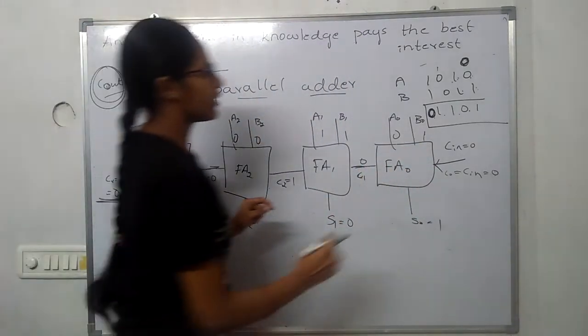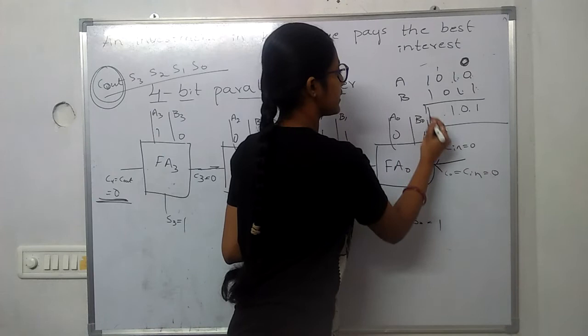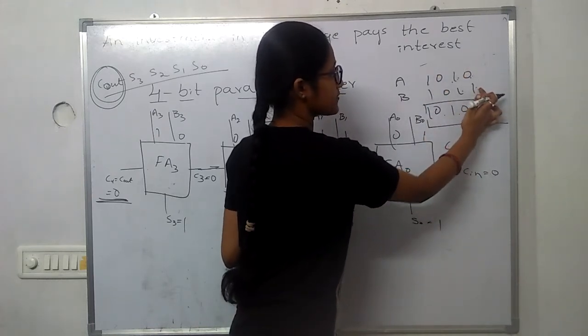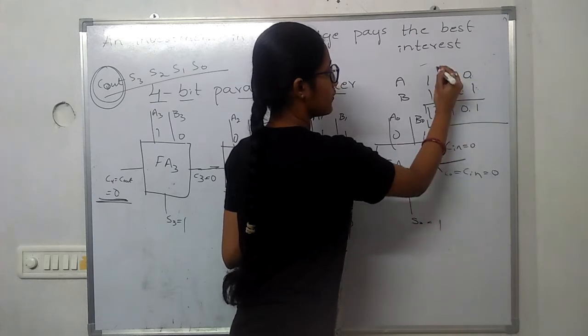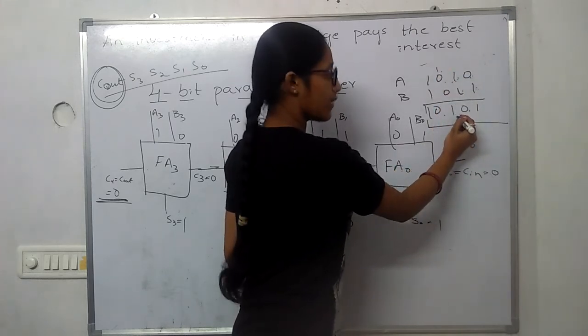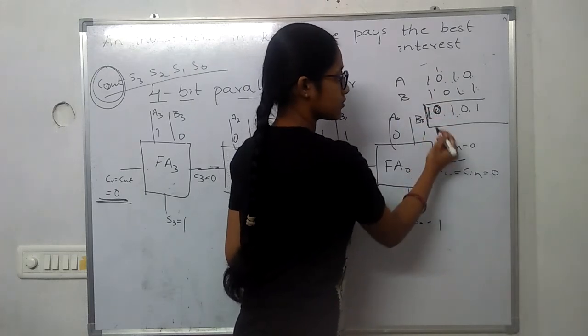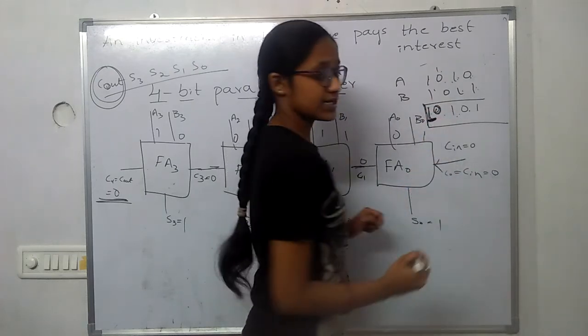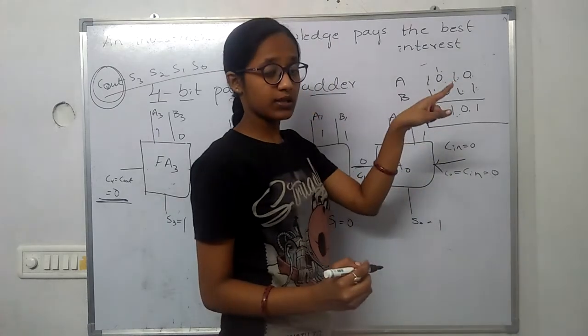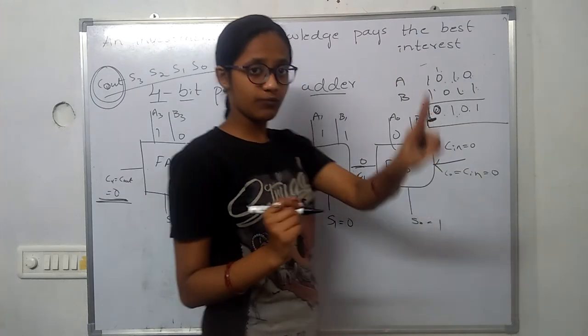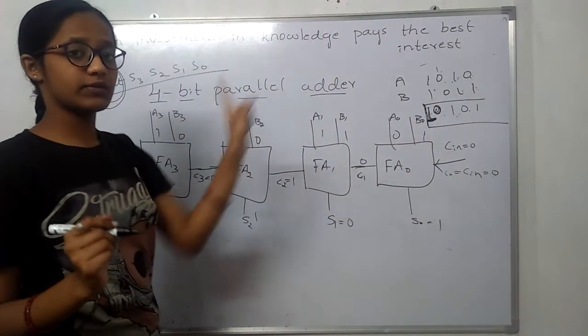Okay, if you have 1, you will get 1 0, right? 1 plus 1, 0 plus 1, 1, 1 plus 1, 0, 1, so 1 0 0, 1 and then 1 1 you get 1 0, 1 0. So also you have to consider this one, that means C out. The final carry you have to consider. Okay, the initial carry must be 0 and the final carry you must consider with the answer.